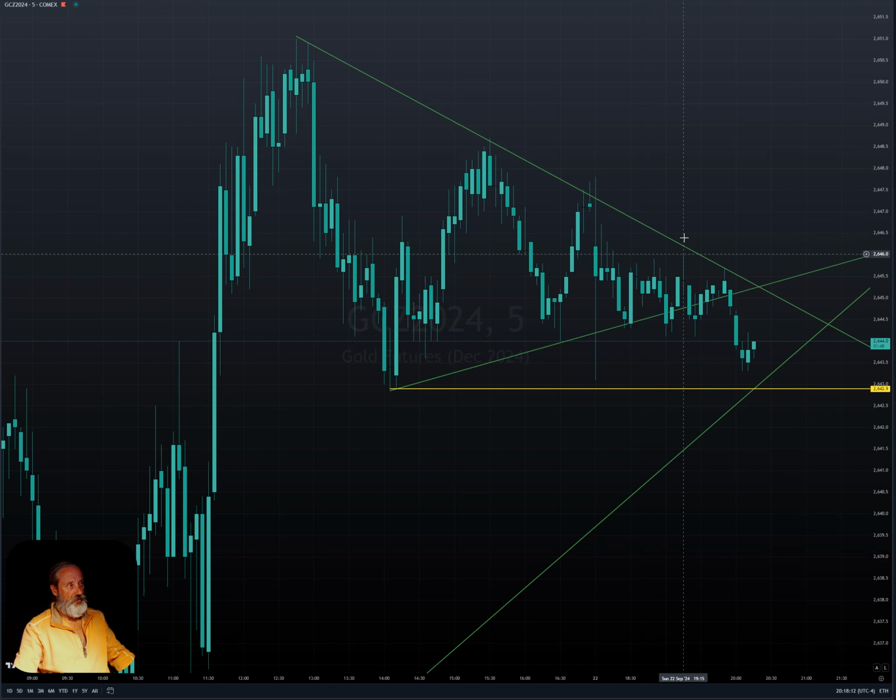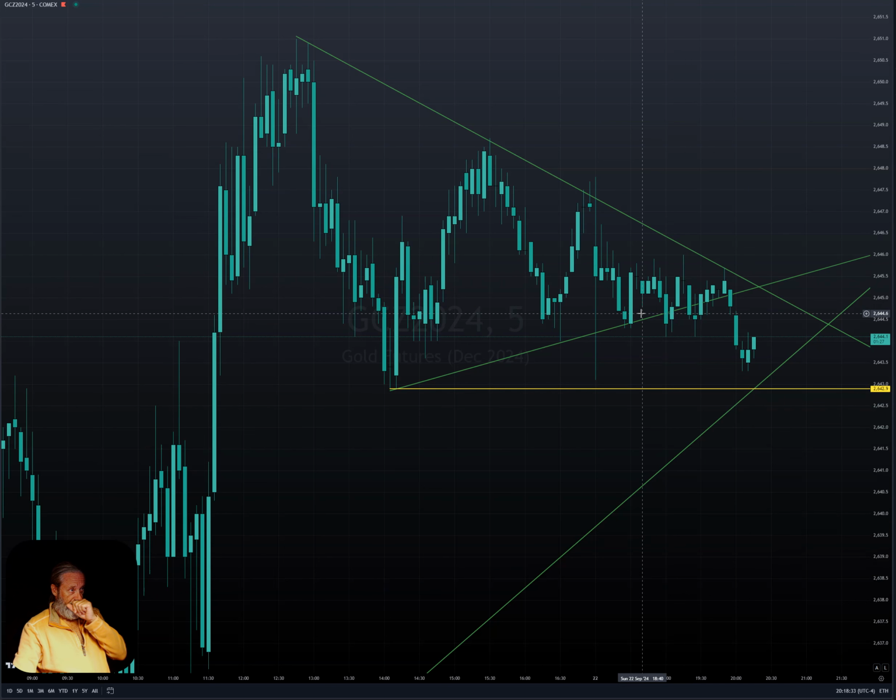Even if it does break this area, then I know it's possibly going to go up. But everything I'm looking at didn't say that. So I took this one down, and this one as well. This was the one, really, because it was getting into this very restricted area.